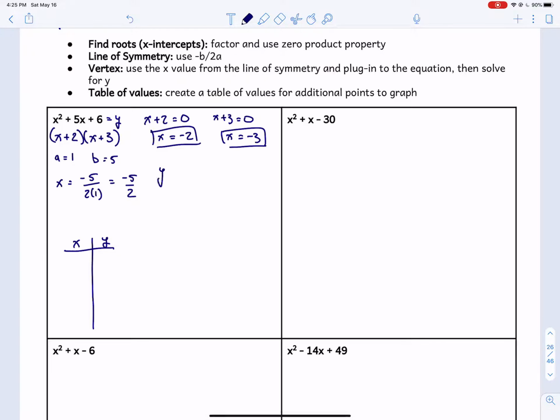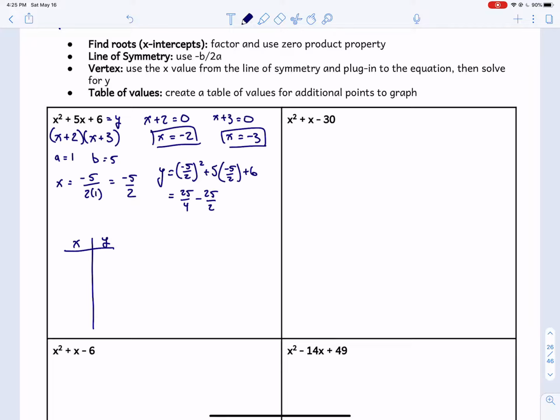So y equals -5 over 2 squared plus 5 times -5 over 2, plus 6. So we have 25 over 4 plus, it's going to be a minus because we have a positive times a negative. So let's write that as minus 25 over 2.